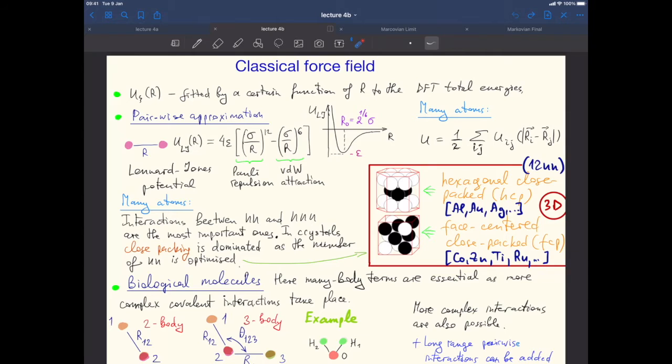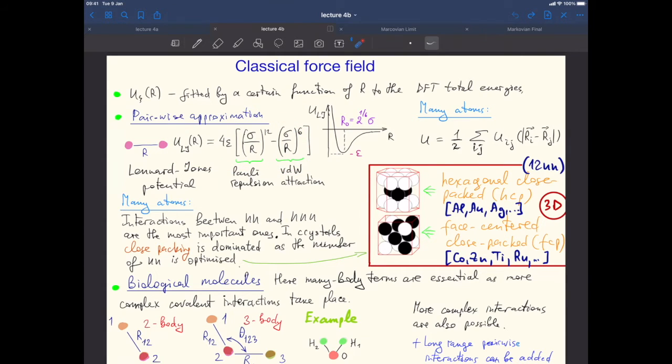The simplest classical force field is based on pairwise approximation, when you have atoms in the system and the total energy of the system is built as a sum of all pairwise interactions between any pairs of atoms. And the simple form of this pairwise interaction is based on the so-called Lennard-Jones potential, which is written here.